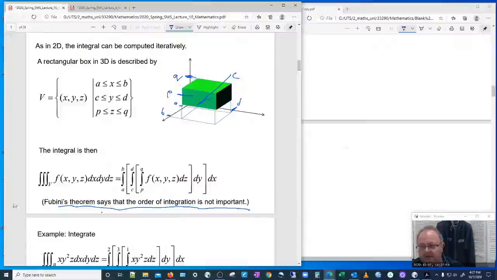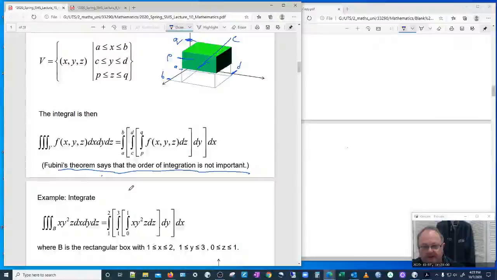Okay, so probably the best thing we could do is have a go at an example. Integrate the following. So we've got x, y squared z as our function, dx, dy, dz, where B is a rectangular box with the following. And you'll notice they're simple number equations.